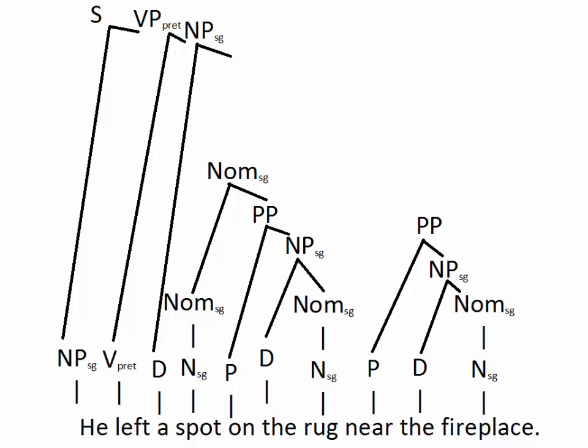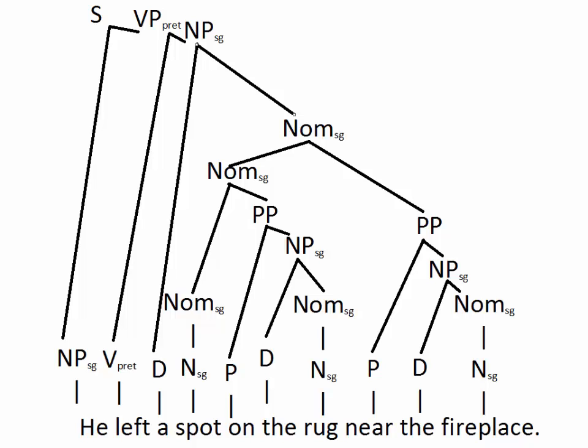Now once we have spot on the rug built up, we can add in near the fireplace to that to make a bigger nominal, which we can then combine with the determiner to make the noun phrase a spot on the rug near the fireplace, and now we're ready to add in the rest of the sentence as before.